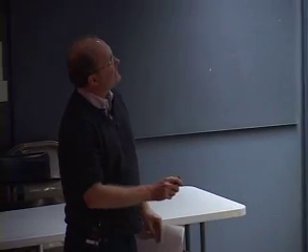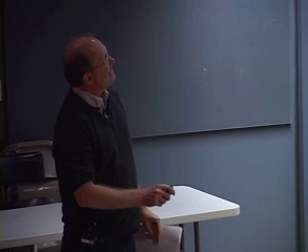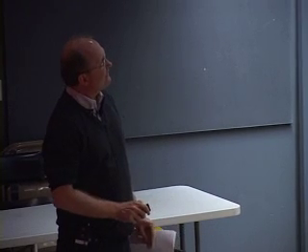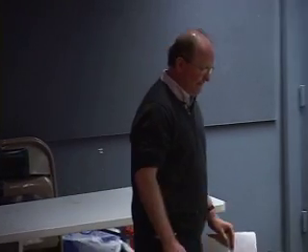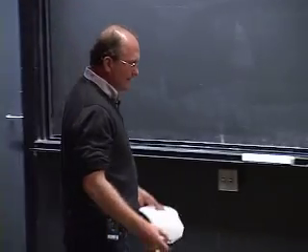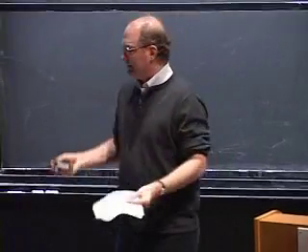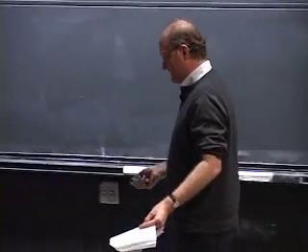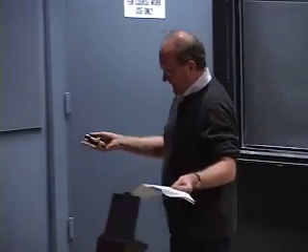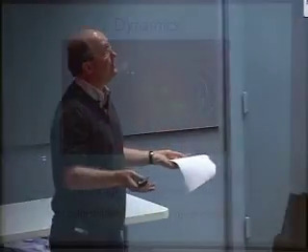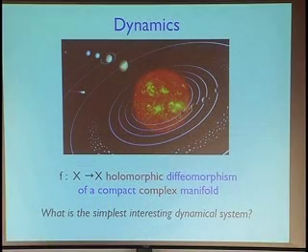I would like to study the case where the compact manifold is, in fact, a complex manifold, and where the map F is holomorphic. And the reason is that there seems to be, in general, more hope of getting a complete picture of what's going on with the dynamical system when it's holomorphic rather than just smooth. And maybe this holomorphic system will really be the complexification of our original system.